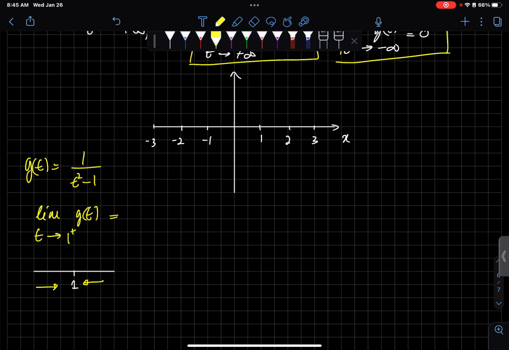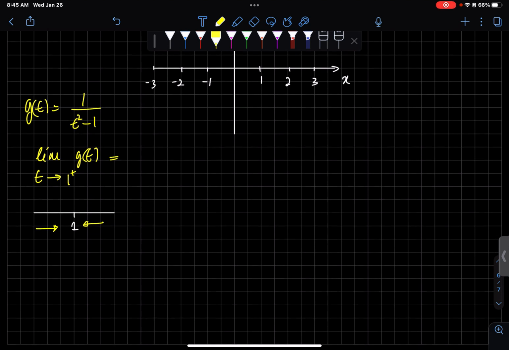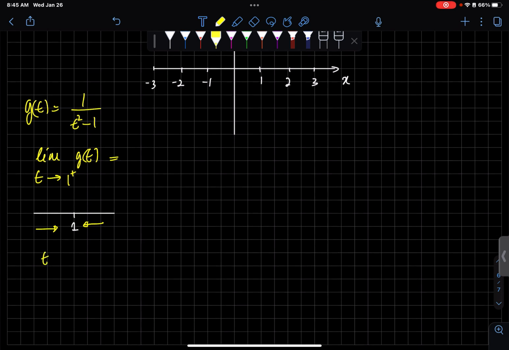As you get closer and closer to 1 from the right, let's say we have a table of t and g of t, with numbers like 1.01, 1.001, 1.0001, right?